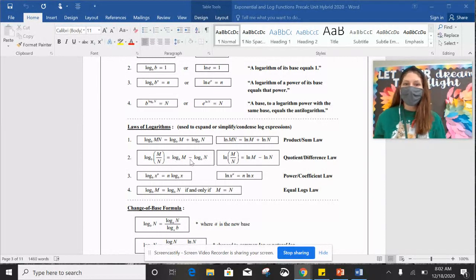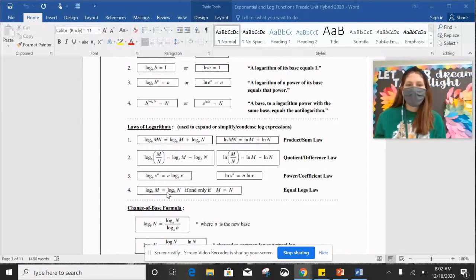If you are subtracting two logs, you can condense by writing the word log once and writing the quotient, the ratio of what you're taking the log of, so m over n.